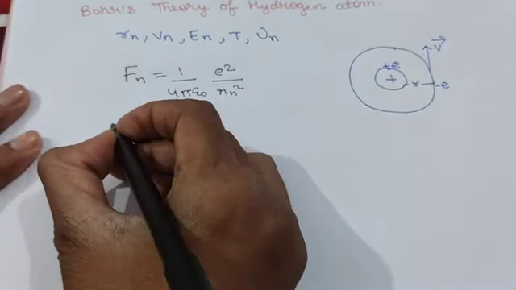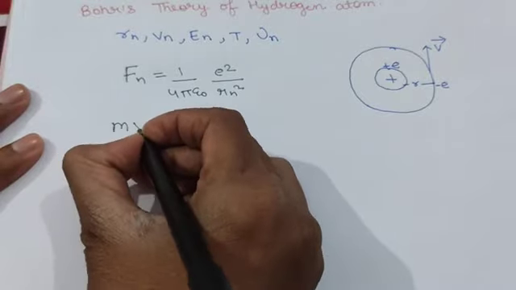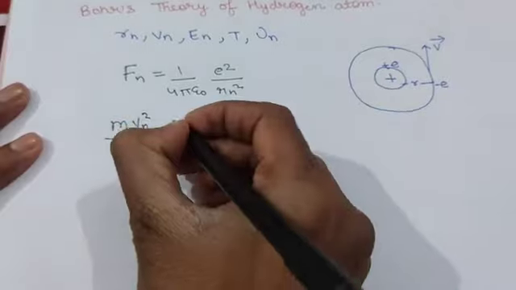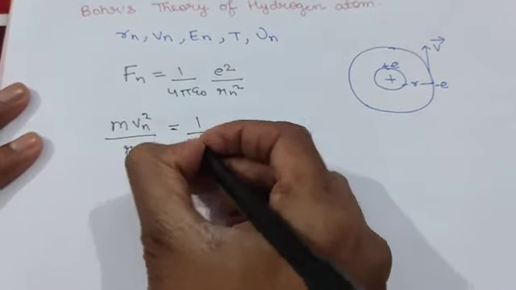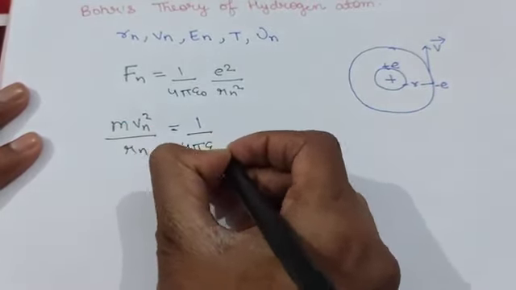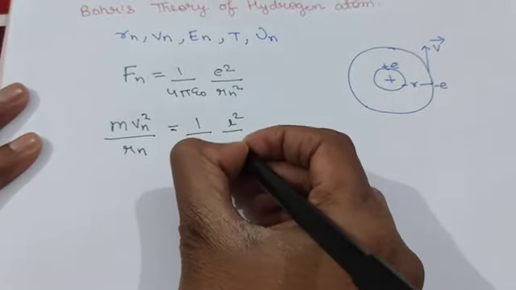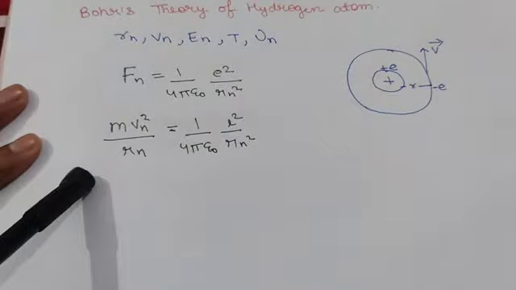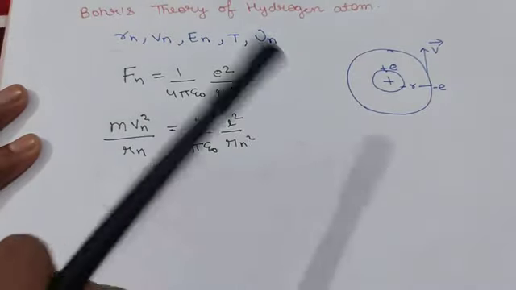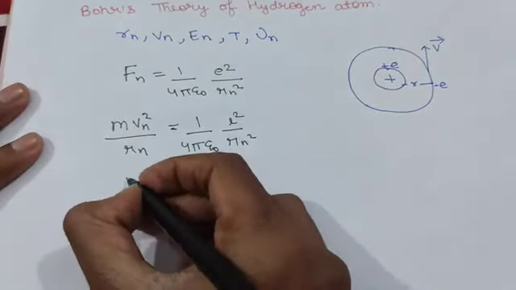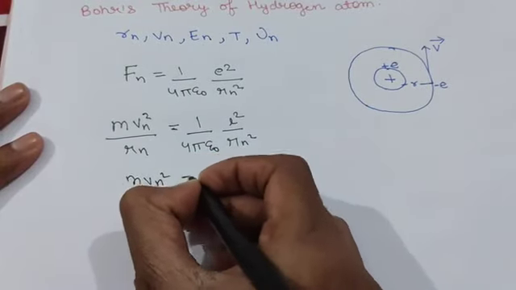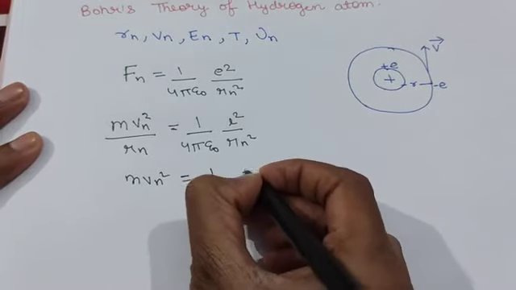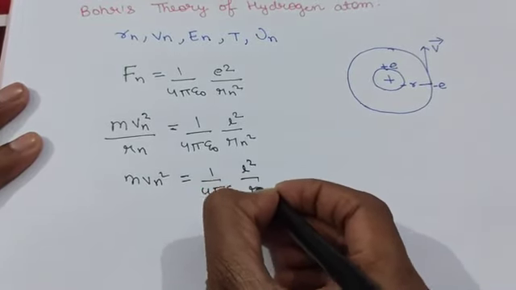So here we can write mvn square by rn equal to 1 by 4 pi epsilon naught e square by rn square. From here we can cancel one rn, so we have mv square equal to 1 by 4 pi epsilon naught e square by rn.